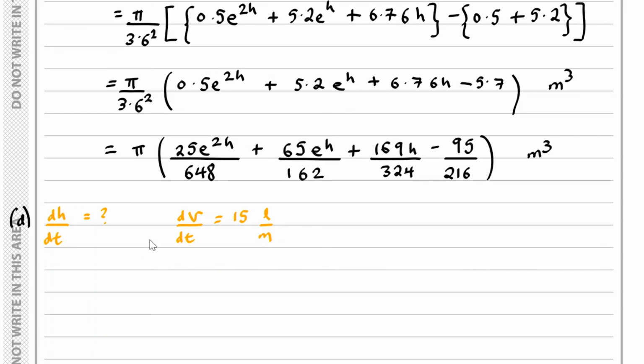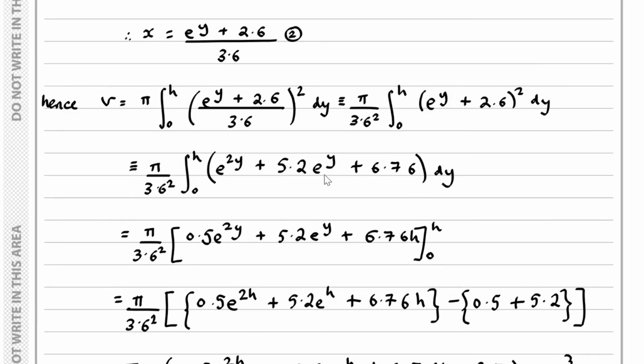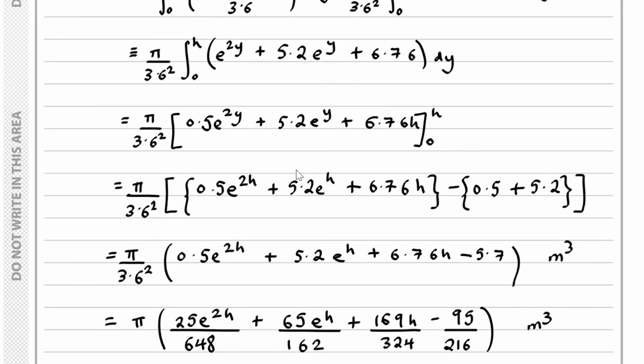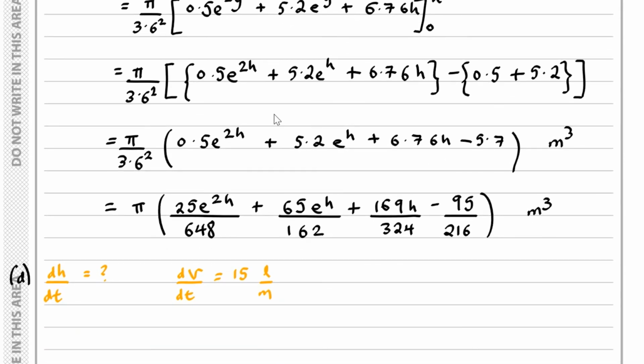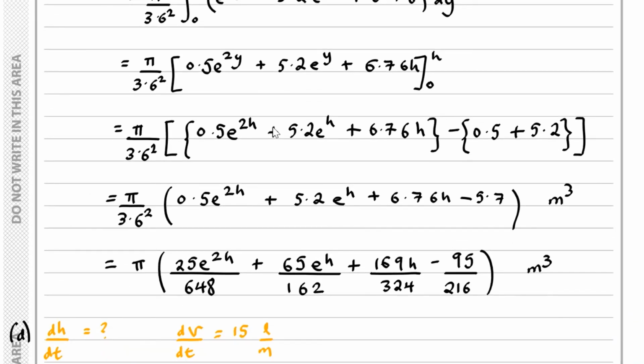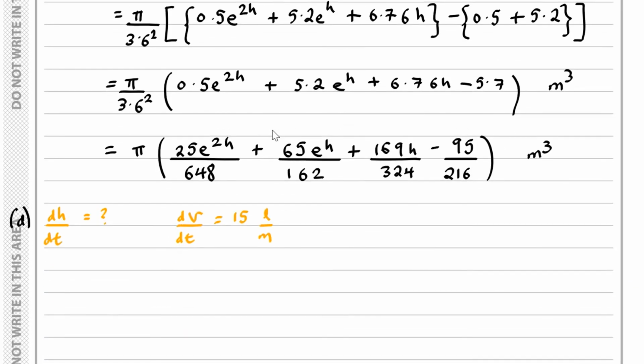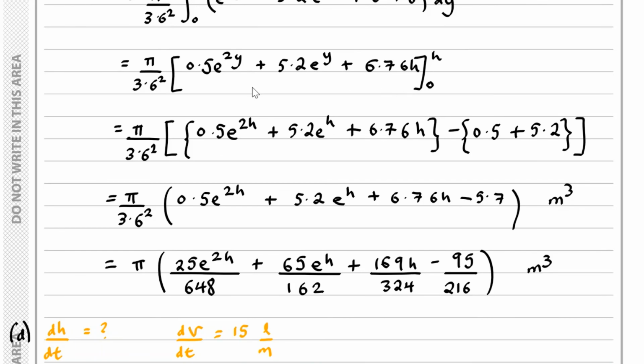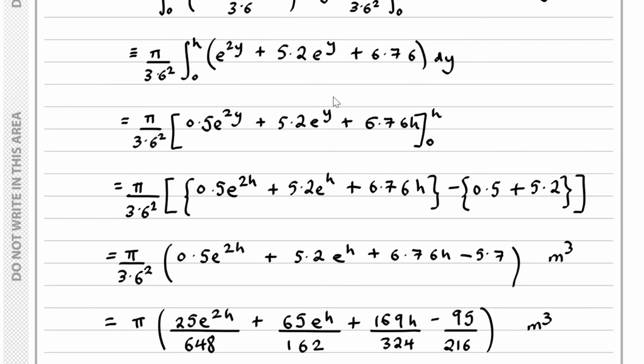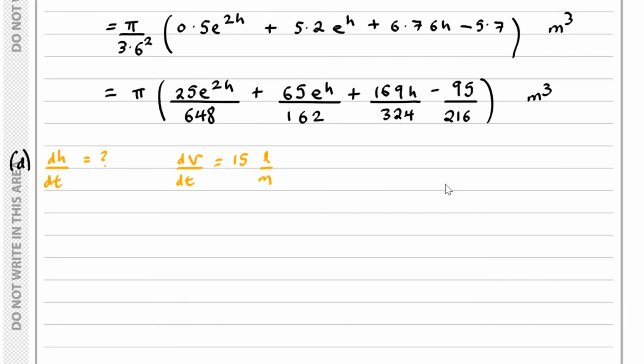Okay. That will just be this bit over here, won't it? So if we differentiate this bit, we can find out what dV over dH is.